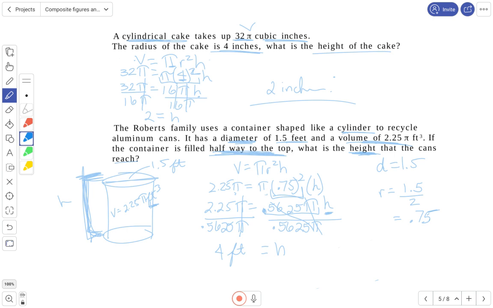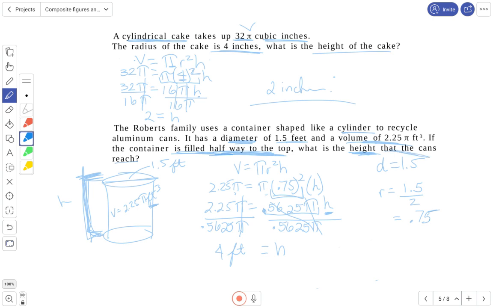Okay? So this one, you have to go back and read the question. I remember that it wasn't that we were just finding the height of the shape. It said something, what did it say? It said that the cans only went up half of the container, right? If the container is filled halfway, what is the height that the cans reach?